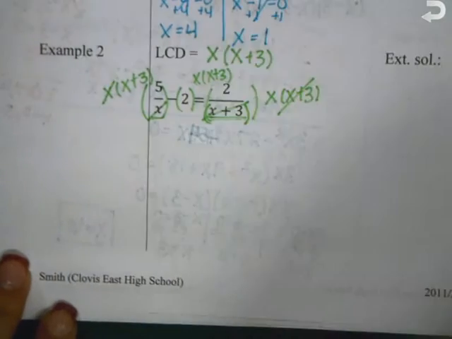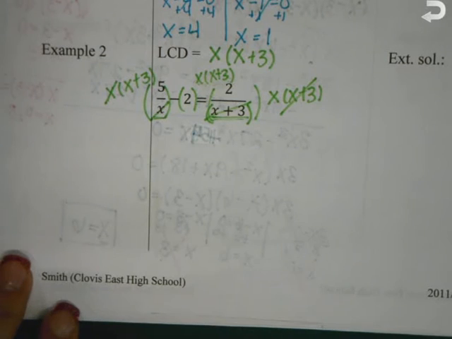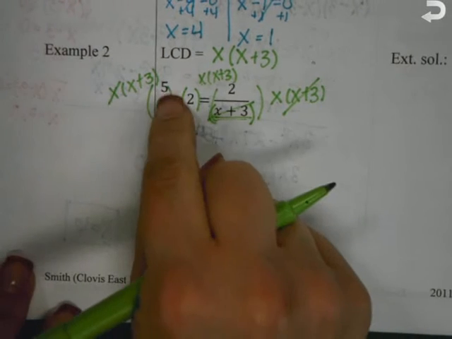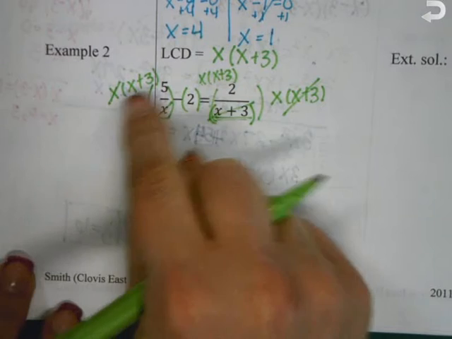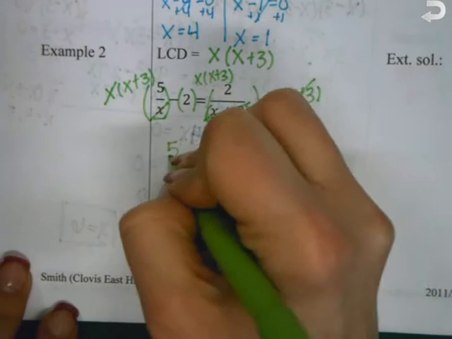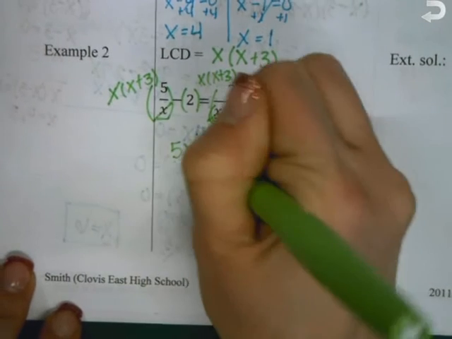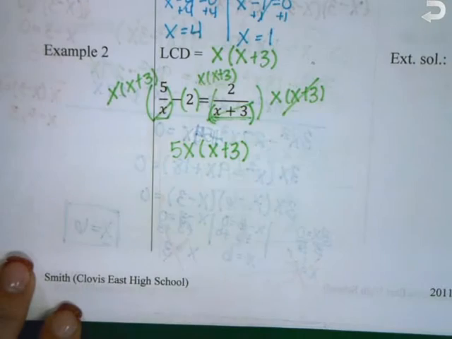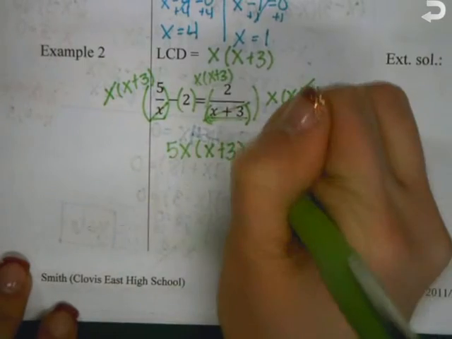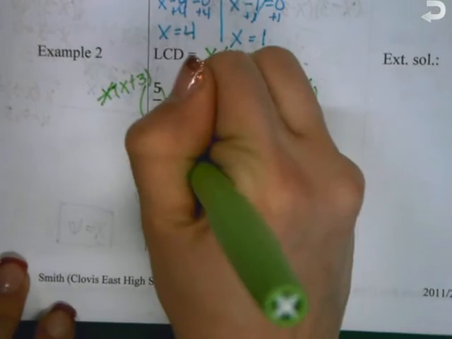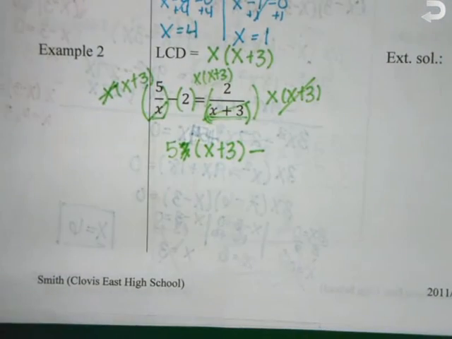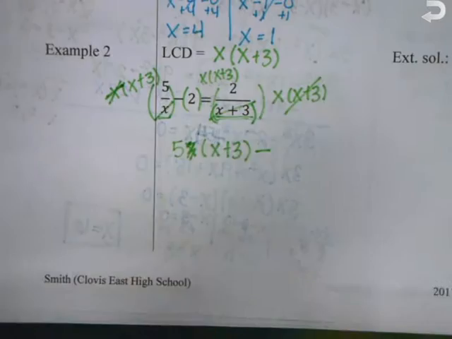5 times x plus 3 is going to give me 5x times x plus 3. Oh, the x's are canceled. I didn't see that. I'm sorry. Yeah, so make sure that you have your cross out.